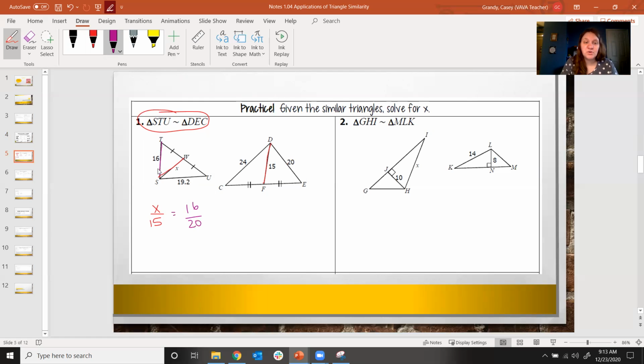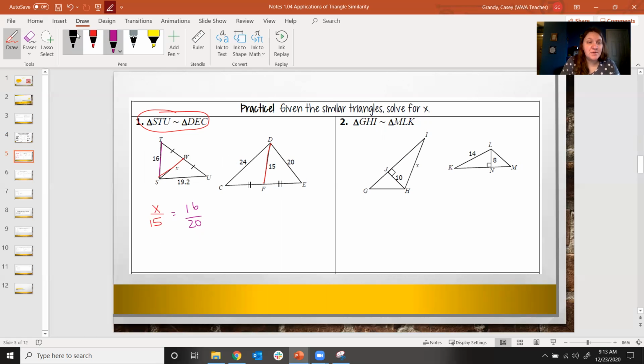If you're not sure which one corresponds to what, does 16 correspond to 20? Does 16 correspond to 24? You can always look at the name, and that should help. Another way that I could have figured that out: 16 is smaller than 19.2, and 20 is smaller than 24. So the small will have to correspond to the small, and the larger one will correspond to the larger one.